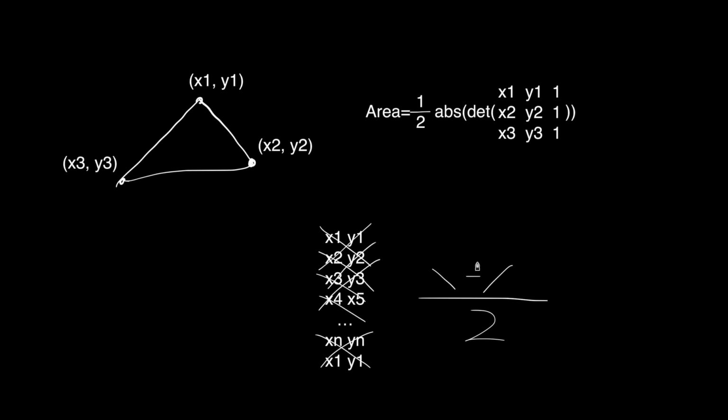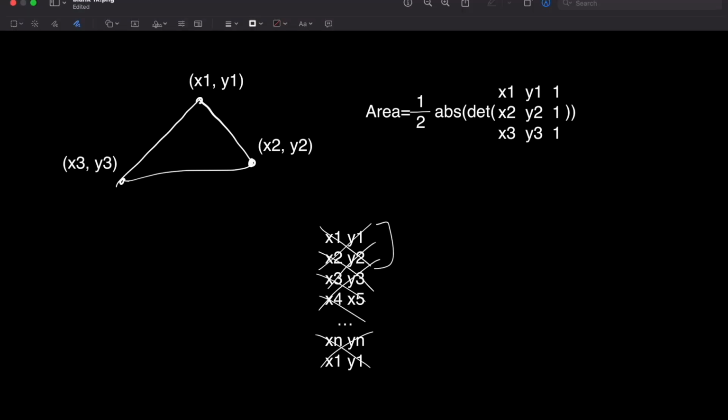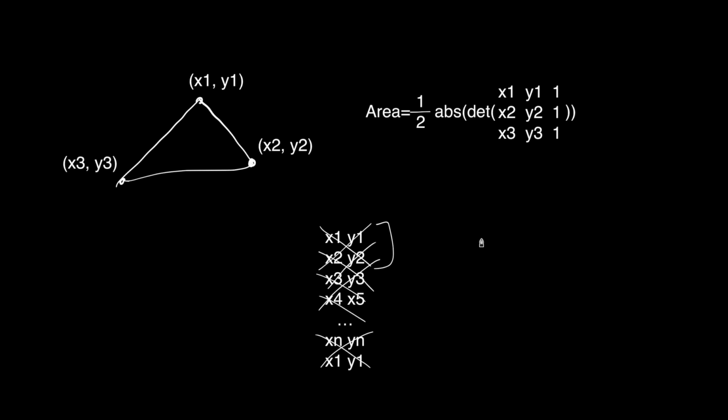And another way we can visualize this is, if we ignore everything, and let's say we just have x1, y1, x2, y2, well, we'll have to do this and this, and that's basically how you find a determinant.